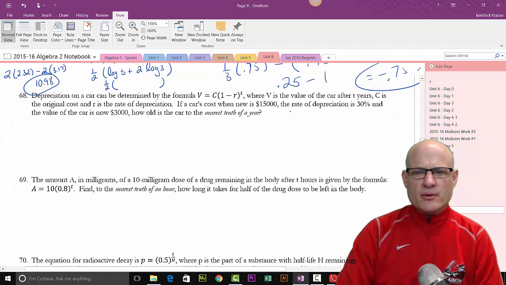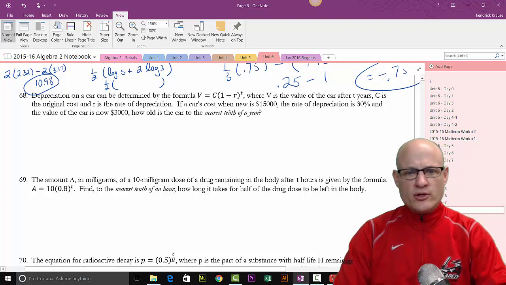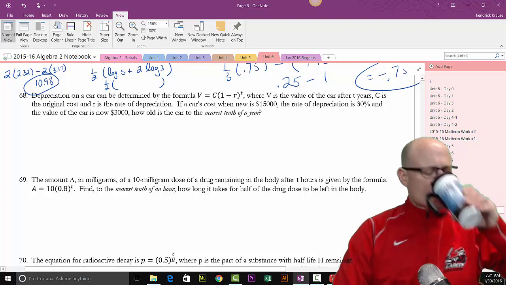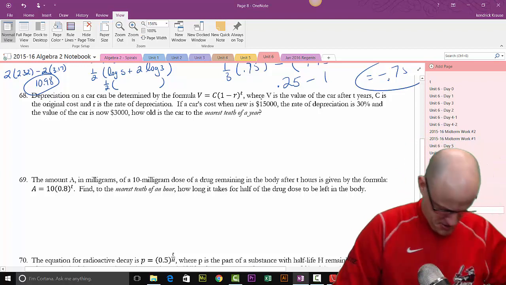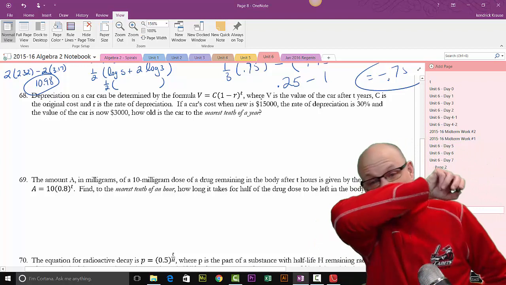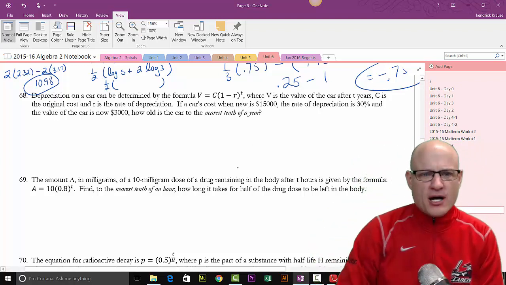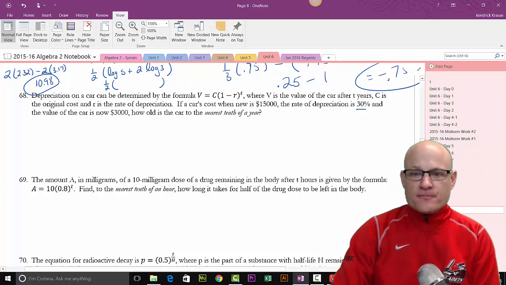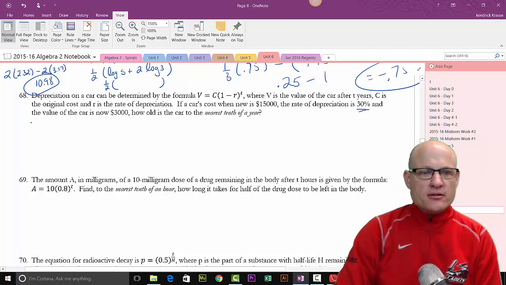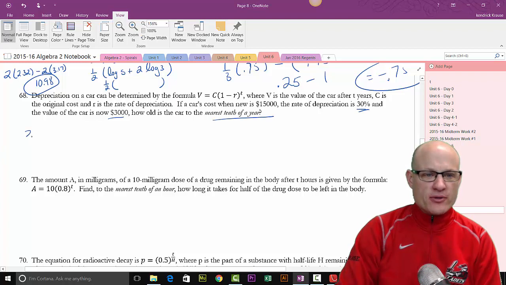Appreciate your car. If the car's cost when new is $15,000, oh, it's been a long video, and the rated appreciation is 30%. The value of the car is now $3,000. How old is the car to the nearest tenth of a year? So the new value of the car is $3,000.